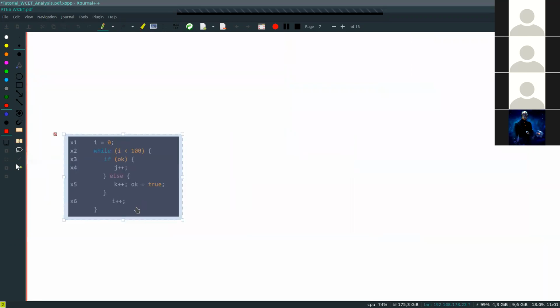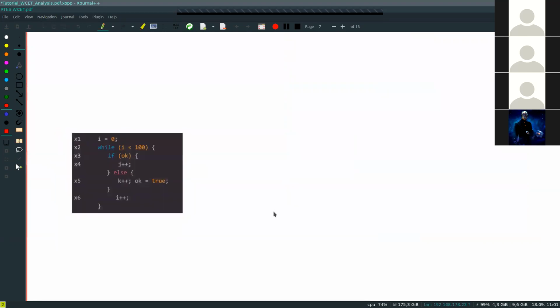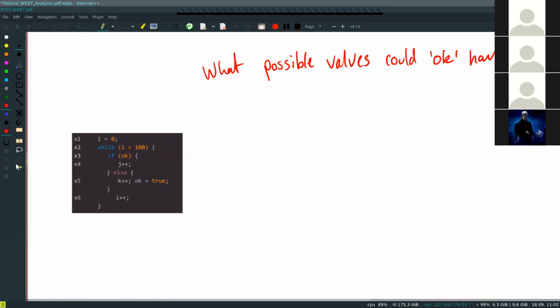So if we think about this block of code executing, but we just want to think purely about, okay, what are the possibilities? What possible values could ok have before x1?